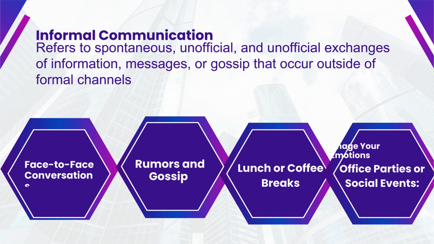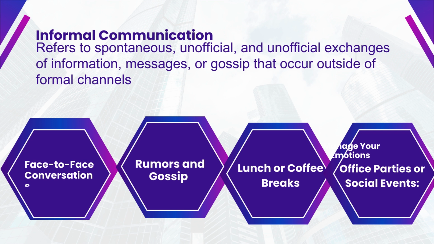And then we have finally what we call informal communication. We are saying that this one refers to spontaneous, unofficial exchanges of information, messages or gossip that occur outside the formal channels.